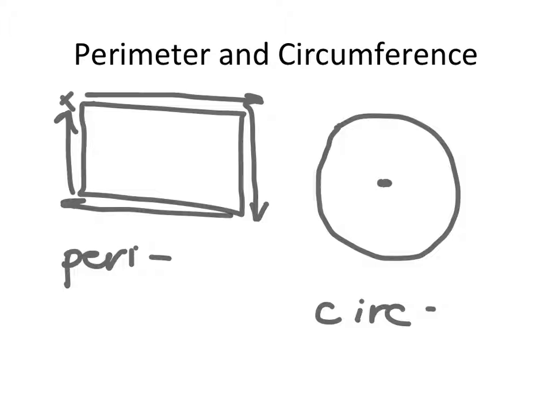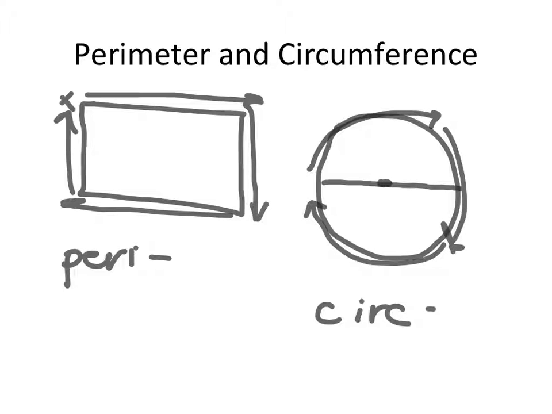How do we find that distance? We know that the distance across a circle through its center point, the diameter, will fit around the outside of a circle, 1, 2, 3, and a little bit more. So if we call the distance across the circle d for diameter, that 3 and a little bit more is pi.